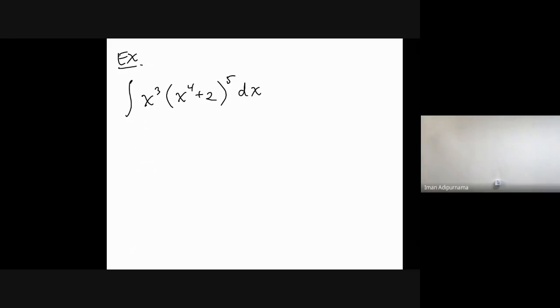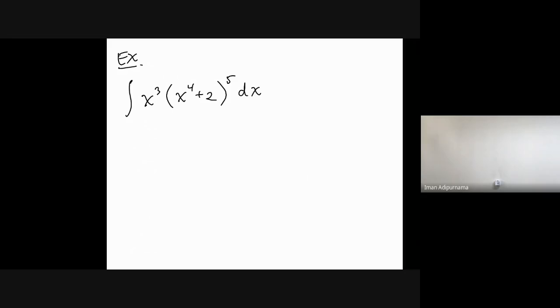Now the idea is that in this technique, you should choose which part you want to substitute with u. I think it's not that difficult because the first factor is x cubed and the second is x to the 4.